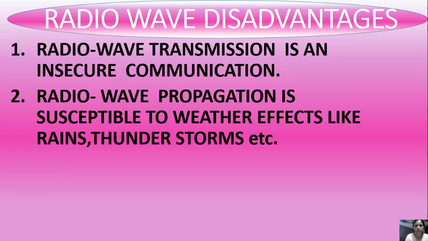Second, radio wave propagation is susceptible to weather effects like rains, thunderstorms, etc. So it affects the communication when it rains or there are thunderstorms. So these are the two disadvantages of radio waves.